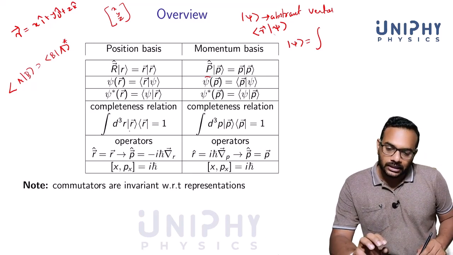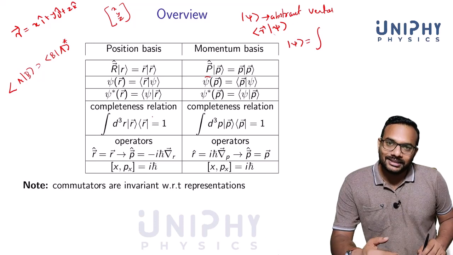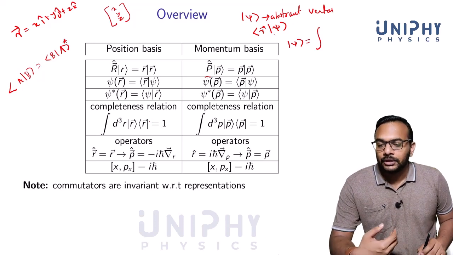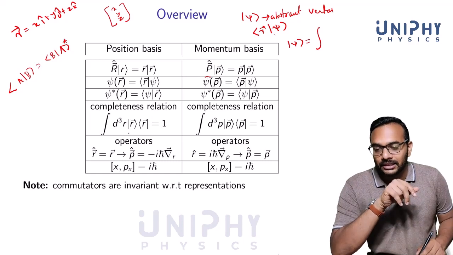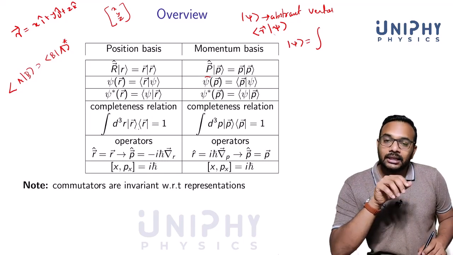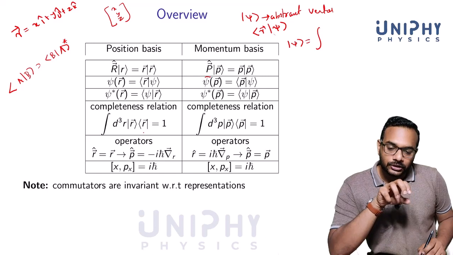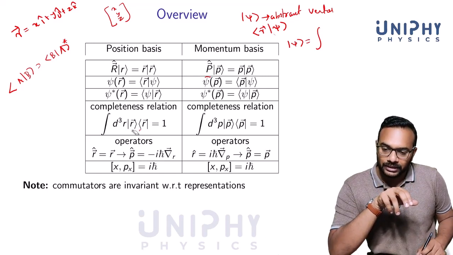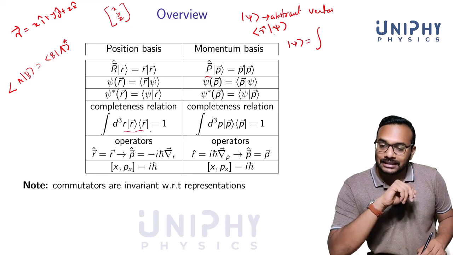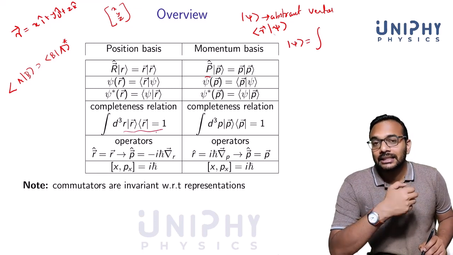The completeness relation means that if you choose a basis, it has to be complete, which means that if you take any arbitrary vector, you should be able to expand it in terms of these basis vectors. If you should be able to expand any arbitrary vector in terms of the basis vectors r vector, then it can be shown that this condition has to be satisfied.